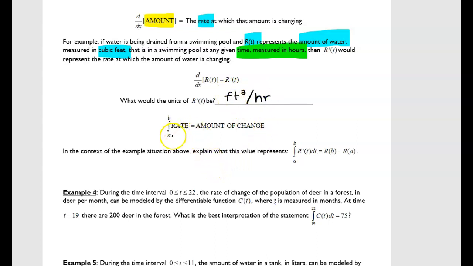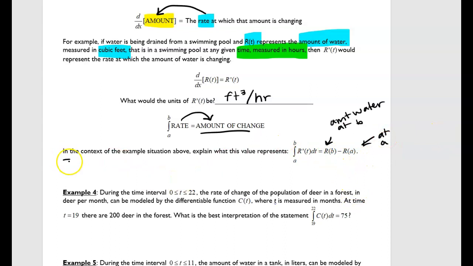Now, if I integrate a rate, it's going to give me the amount of change. So that's going backwards from what we had talked about before. So if I integrate a rate, it gives me the amount of change. So for example, if I integrate R prime, which we said was the rate at which the amount of water was changing, I get R of b minus R of a. That's the amount of water at a and b, and I'm taking the difference between them.